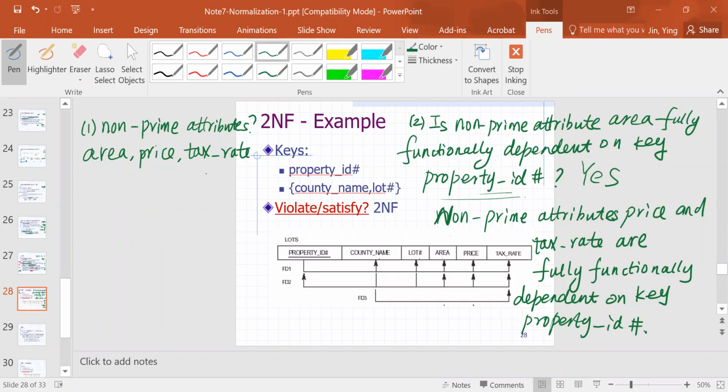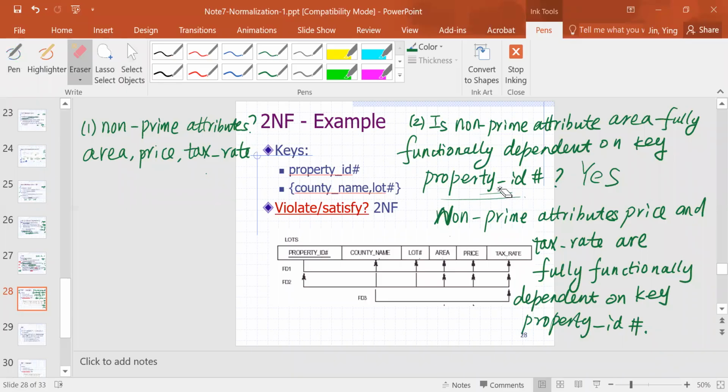Okay, so this is true, right? So it saves some effort. We don't need to worry about the functional dependency if the left-hand side has one attribute; it is always fully functionally dependent. Okay, I need to get rid of this. All right, I guess I can get rid of this.